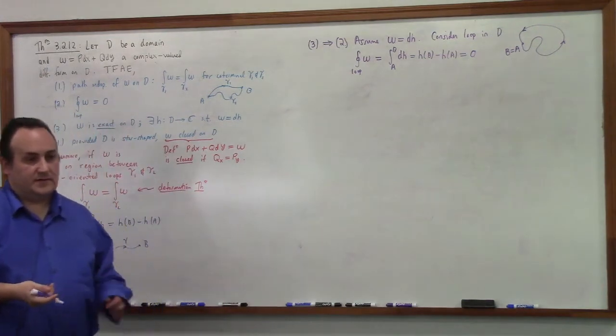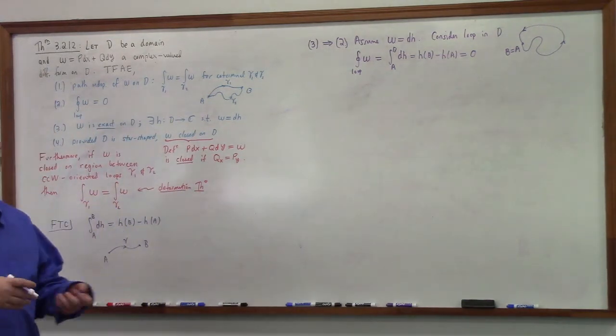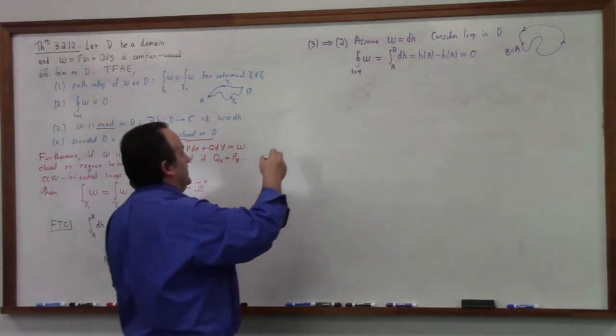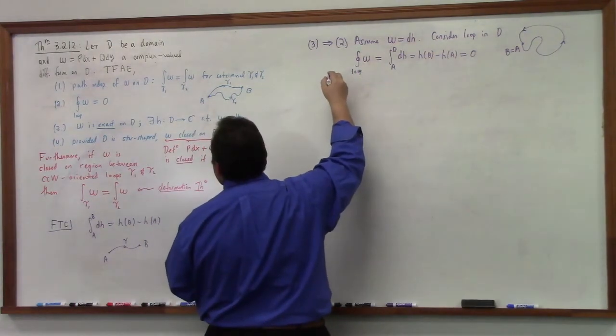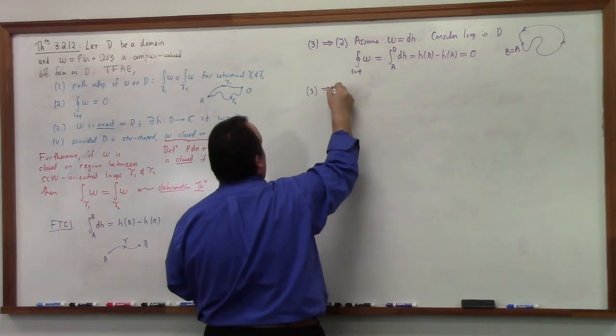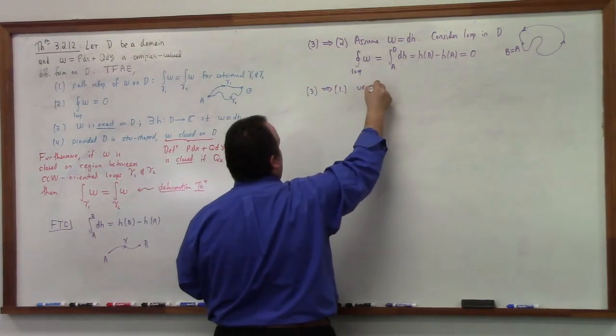So exact implies that the integral around loops is 0 for the form. Now, the proof that 3 implies 1 is very similar.